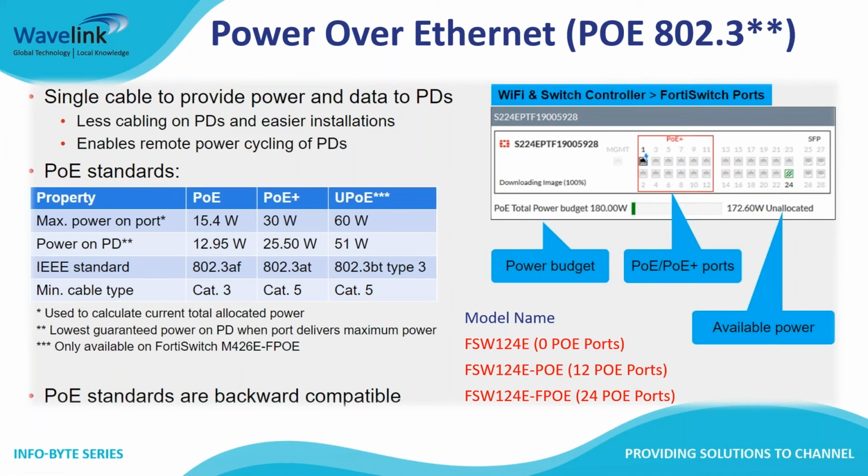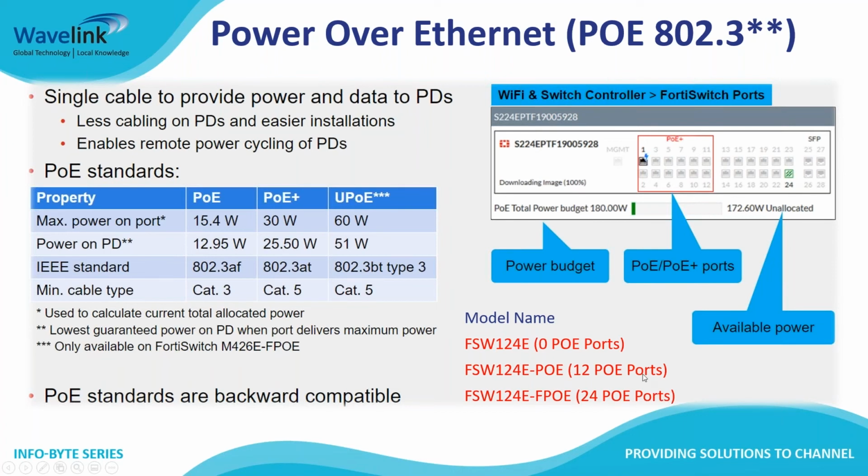And then you have the next switch model, 124E PoE, just PoE, which meant only 12 out of those 24 ports were PoE capable. But if you come to the next level, FPoE, 124E FPoE means F stands for full PoE, right? So that means all 24 ports are PoE capable.